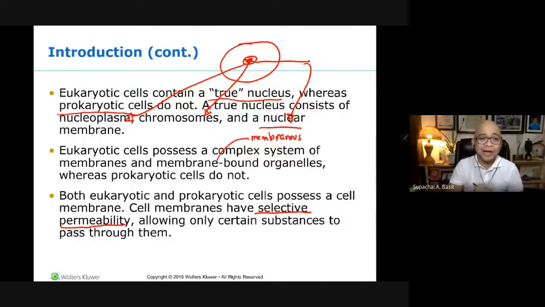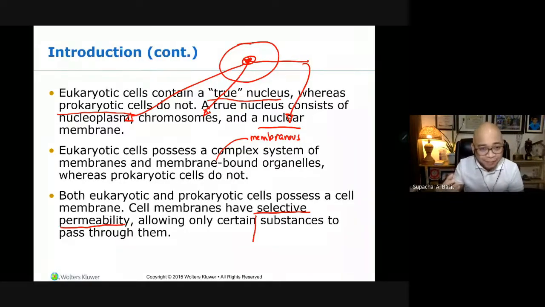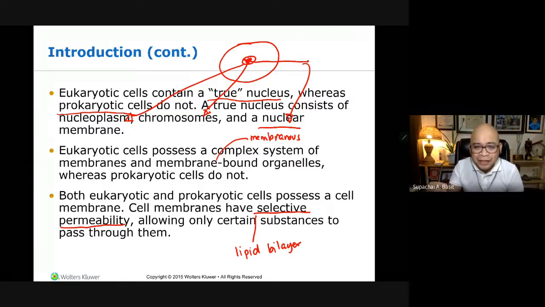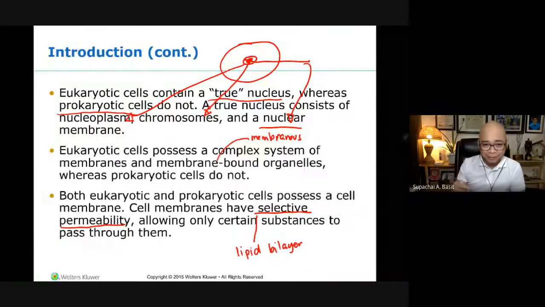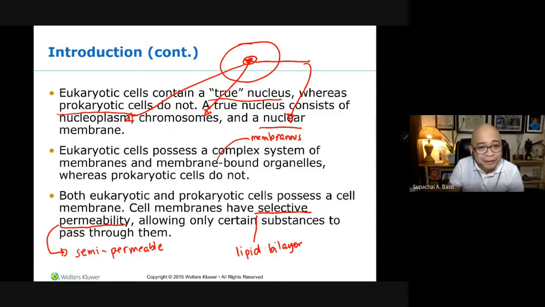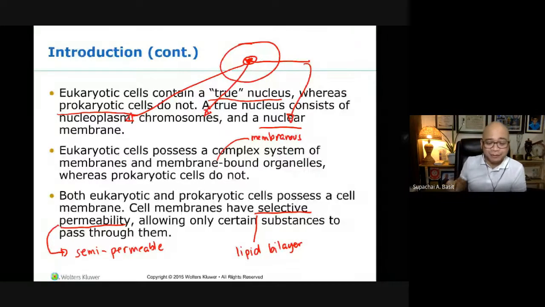And the reason why it is capable of selective permeability is because, chemically speaking, the cell membrane is made up of a lipid bilayer. Meaning to say, there are two layers of lipids that allow it to be semi-permeable. So selective permeability means semi-permeable.